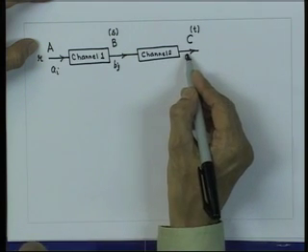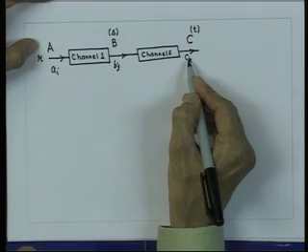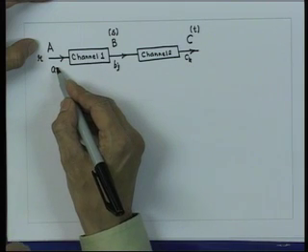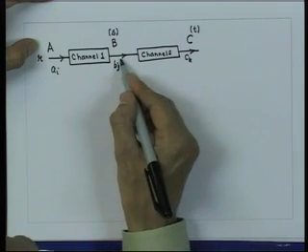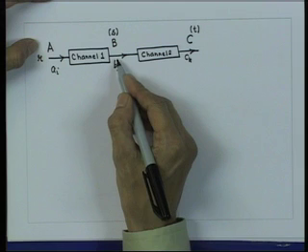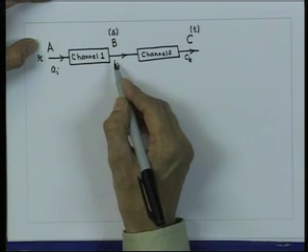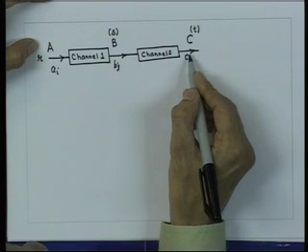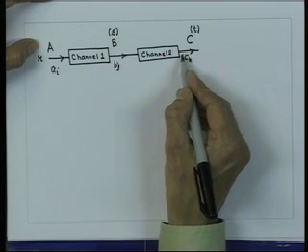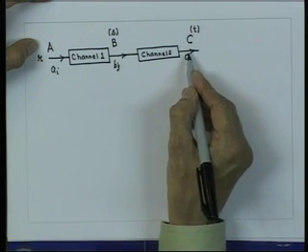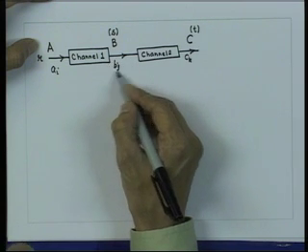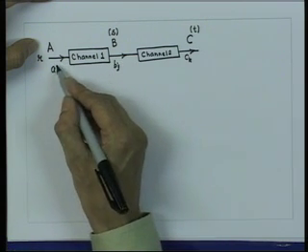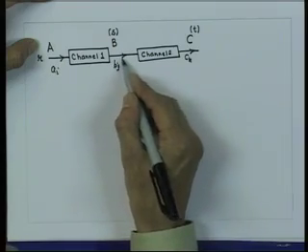The symbol C k depends on the original input A i only through B j. What it means is that if we know the intermediate symbol B j, the probability of obtaining the terminal symbol C k depends only upon B j and not upon the initial symbol A i which produced B j.